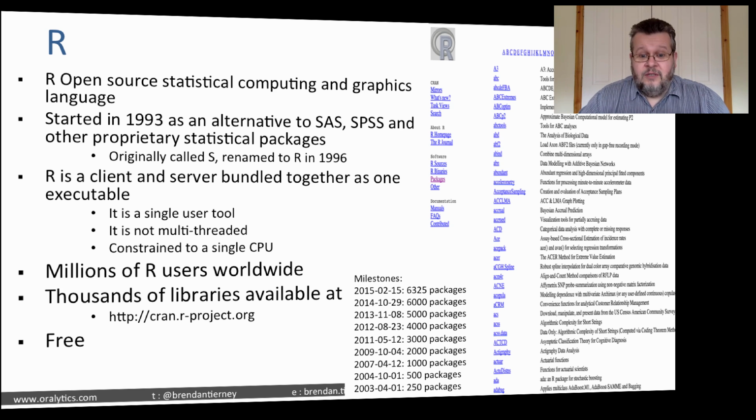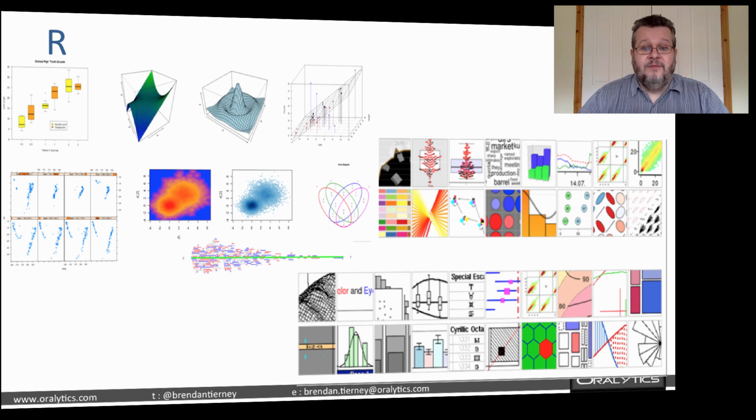There are loads and loads of packages available in it, and we can see here on the slide that over the last few years, the number of packages has increased dramatically. As of a few days ago, there were over 6,300 different packages. So whatever statistical methods, graphing methods, machine learning methods, anything like that you want to perform, you're going to find some package where somebody has written the code to allow you to do it without having to write everything from scratch.